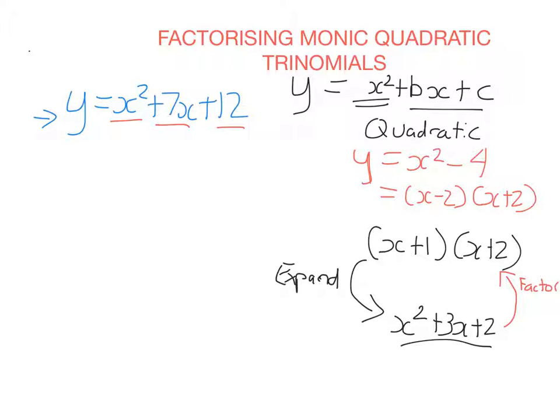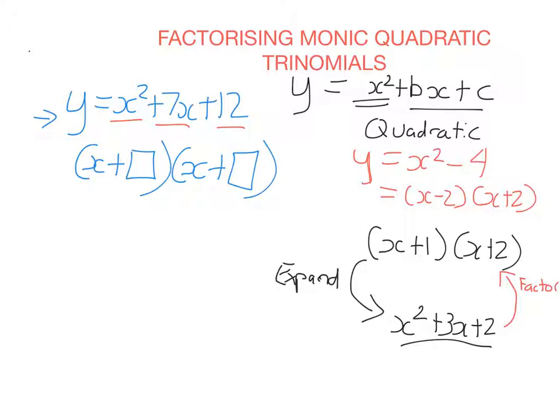So because factorizing is the opposite of expanding, we're going to do sort of the opposite of FOIL. So I expect for y equals x squared plus 7x plus 12, I expect that the answer is going to be x plus something multiplied by x plus something. Remember, that's what factorizing is, writing it as something times something, okay? So I only need to fill in those two boxes.